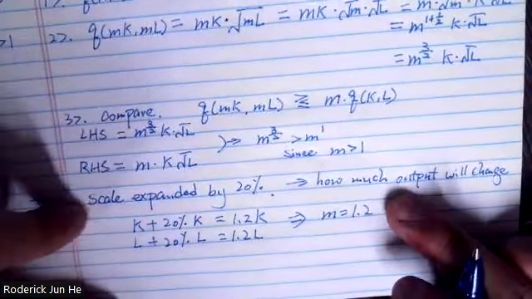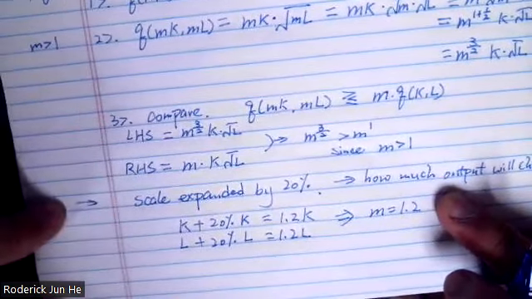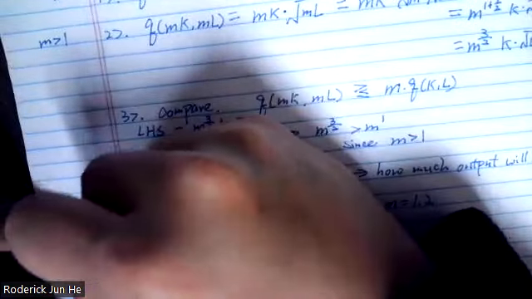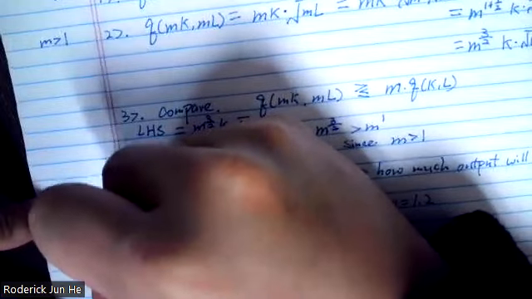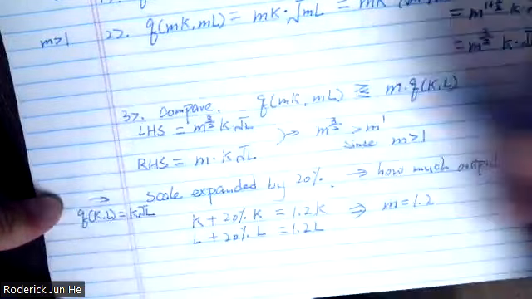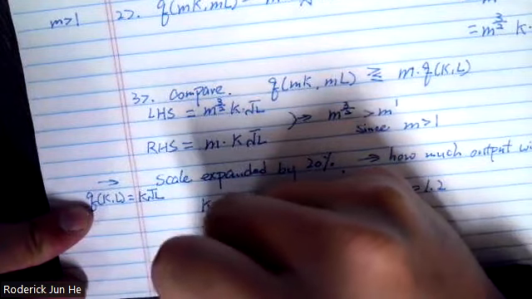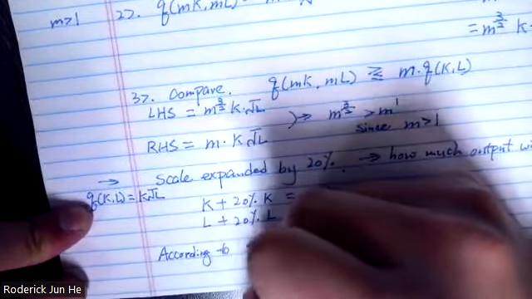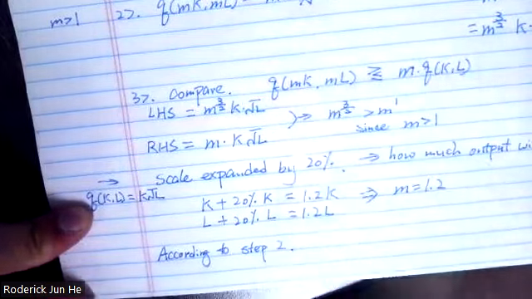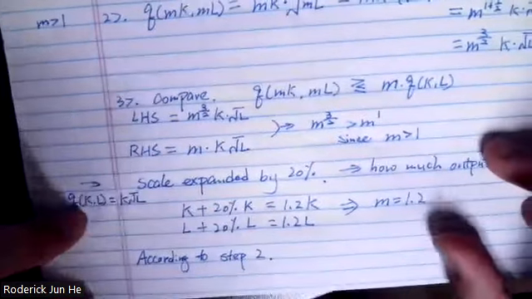For this firm, with this production function, K times the square root of L, according to step 2, what do you have?